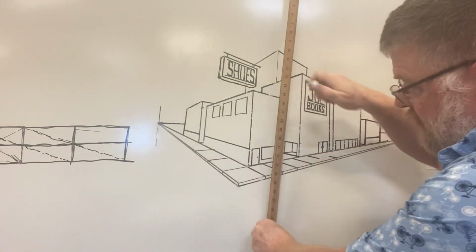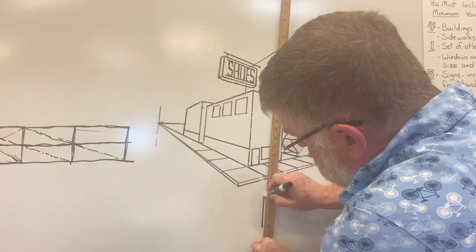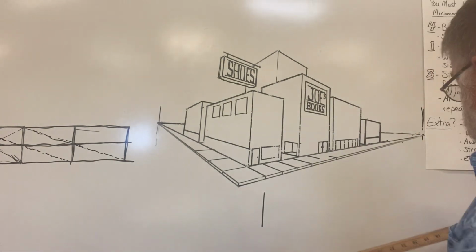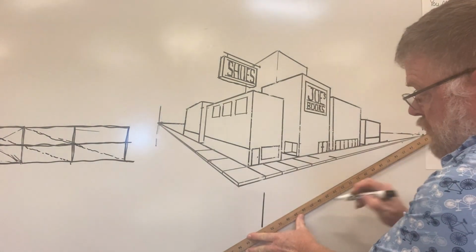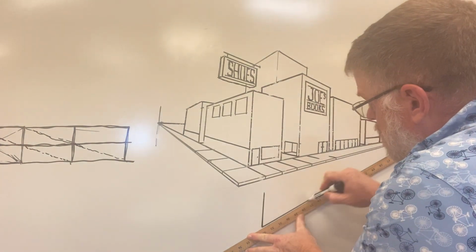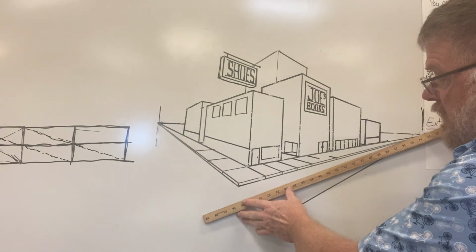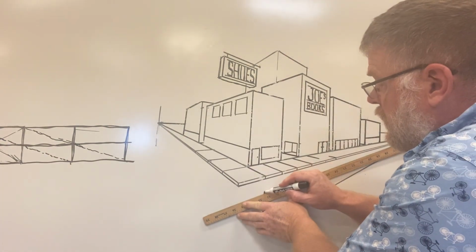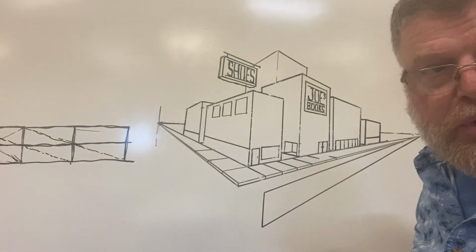Let's put a fence down here on the other side of the street. So here's post number 1. Now I draw a line from the bottom of that back to the vanishing point, and that's going to be the bottom of every post. Now I draw a line from the top of that back to the vanishing point, and that's going to be the top of every post.